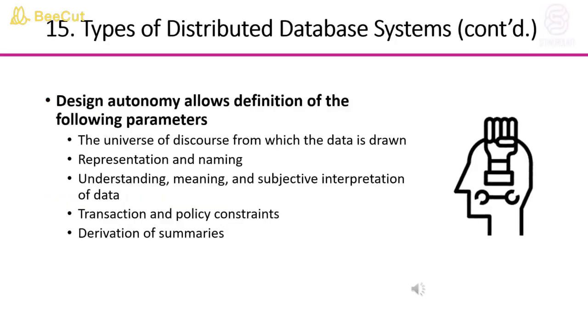Design autonomy allows definition of the following parameters: the universe of discourse from which the data is drawn, representation and naming, understanding, meaning, and subjective interpretation of data, transaction and policy constraints, derivation of summaries.